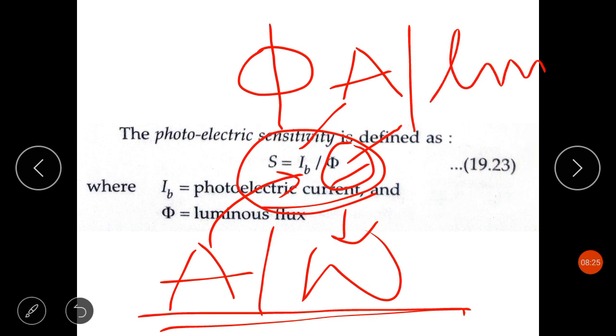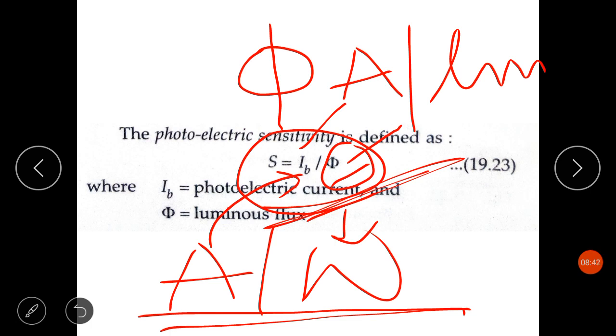Now we have this vacuum type photoemissive cell. So why do we need the gas type photoemissive cell or photomultipliers? The actual reason is that the sensitivity of the vacuum type photoemissive cell is moderate.